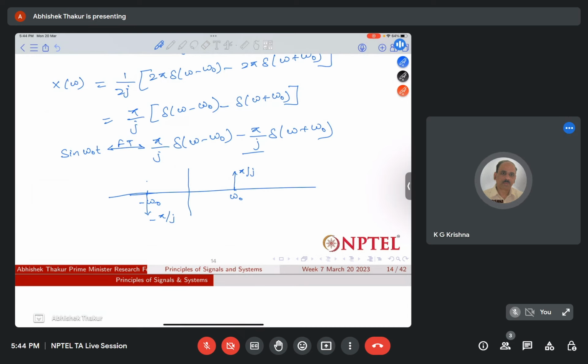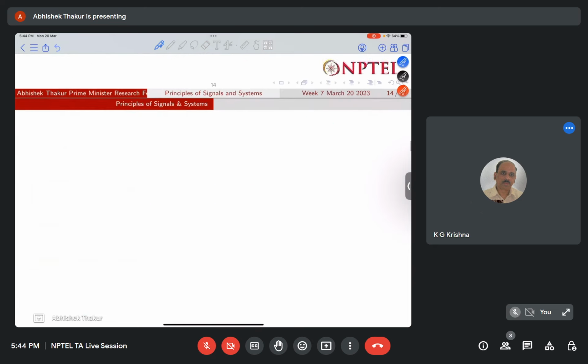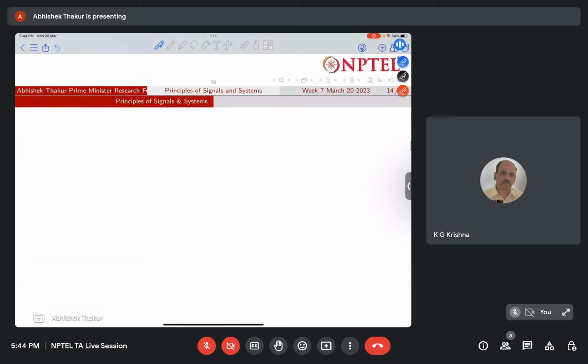Now we will see some of the properties. Like we will write all the properties like time reversal, duality, linearity, time shifting, everything. So this we have to finish. Properties of Fourier transform.